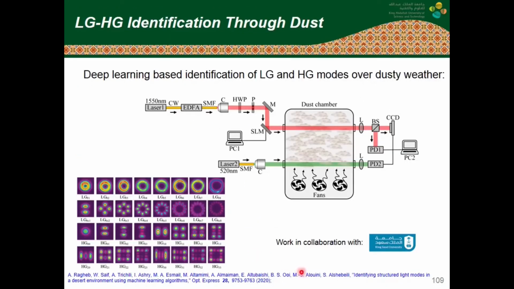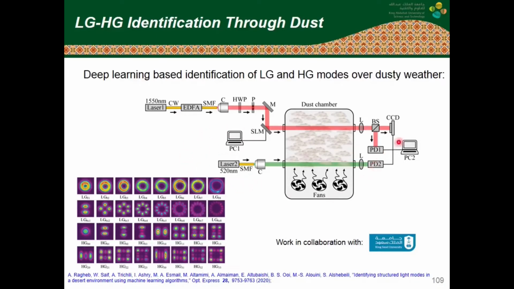Recently, with our collaborators from King Saud University in the capital city of Riyadh, we started working with Hermite-Gaussian beams for index modulation communication applications. We use a set of Laguerre-Gaussian beams and a combination of Laguerre-Gaussian beams together with Hermite-Gaussian beams as code words at the transmitter.